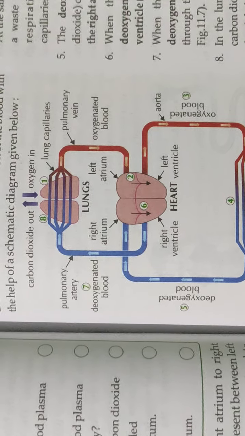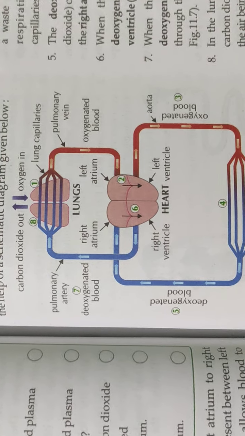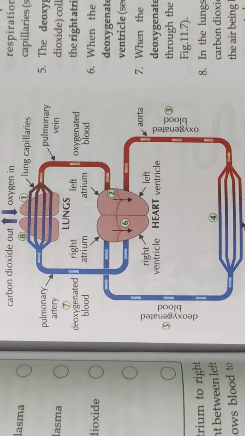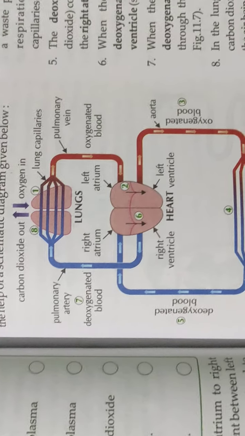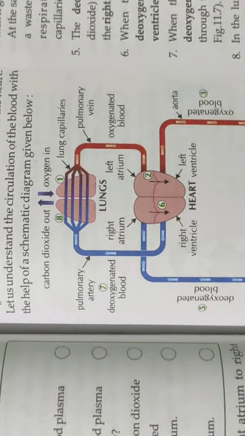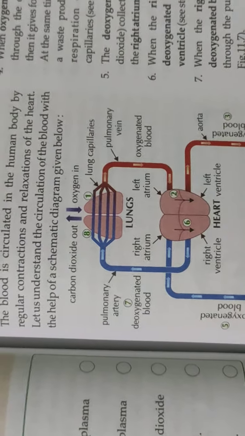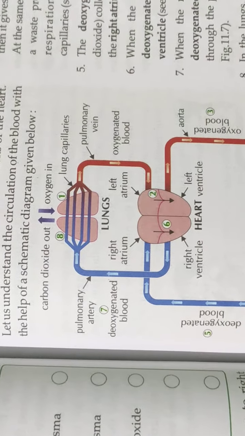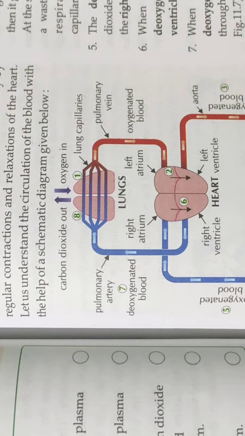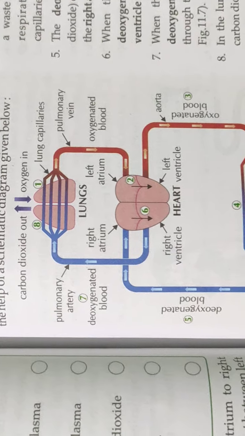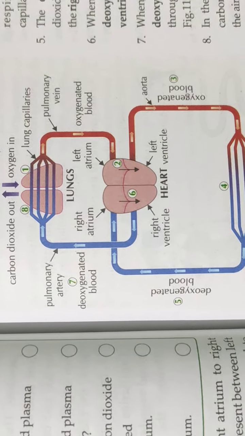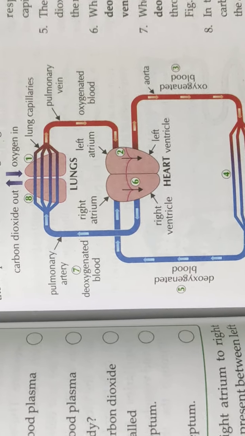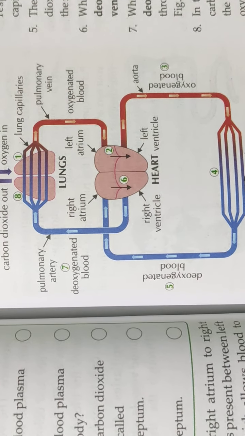In this figure, you see the number 1, the capillaries of our lungs. When blood passes through the capillaries of the lungs, oxygen from the air enters the blood, and the blood is now oxygen rich and called the oxygenated blood.